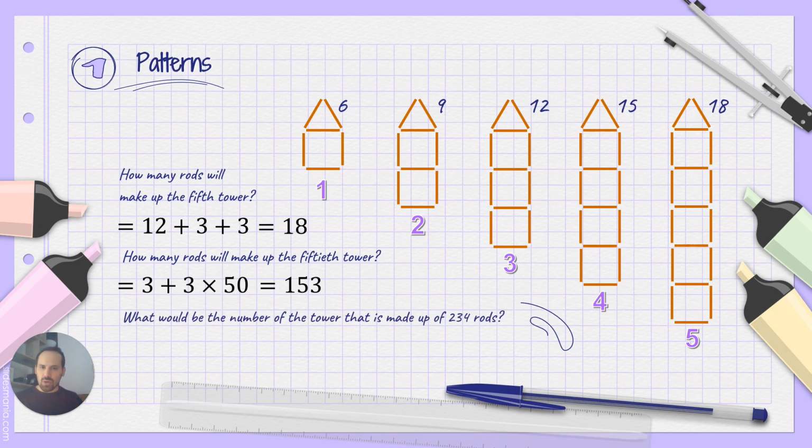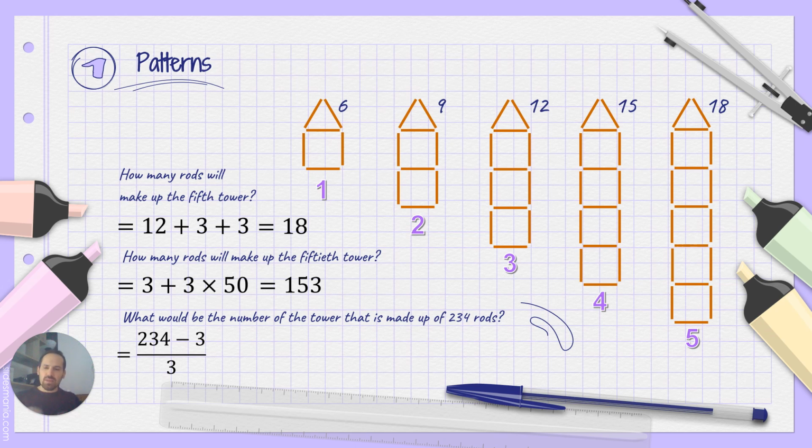We could also do this: say what would be the number of the tower that is made up of 234 rods? So say we're given a tower that fits into this sequence and it has 234 rods, what would be the tower number? We could work that out by doing something like this, because we know that the tower number essentially corresponds to the number of squares in this.